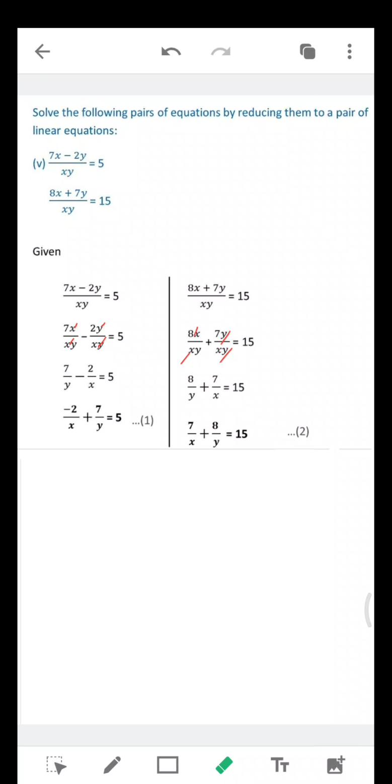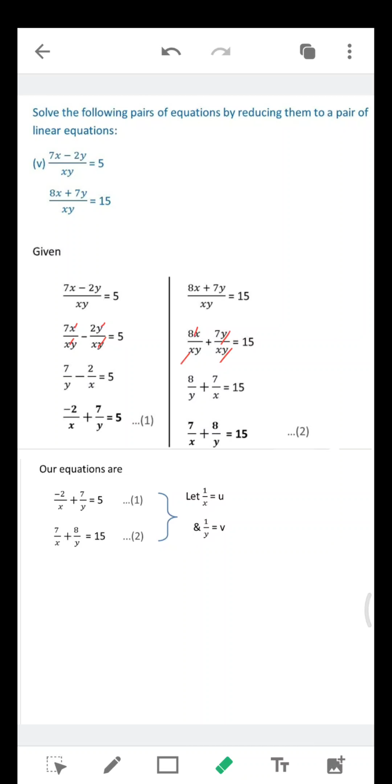So now we will take, let 1 by x, in these equations. I'll take these equations again here. So these are our two equations which I have taken again. Now we'll do substitution. I'll take 1 by x as u, and 1 by y I'll take as v, like we were doing for previous questions.